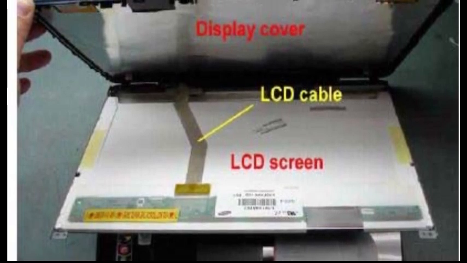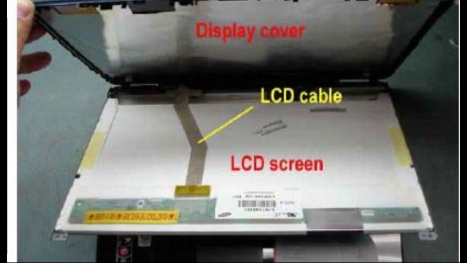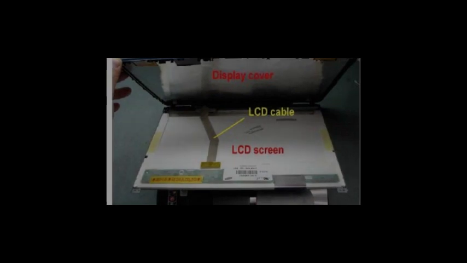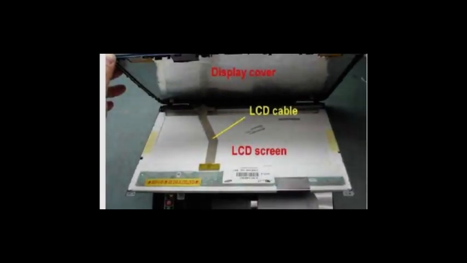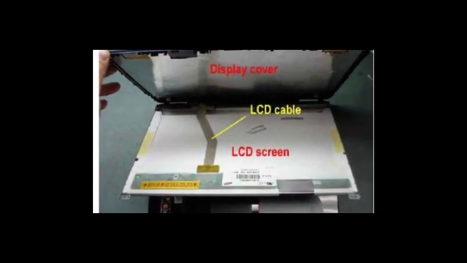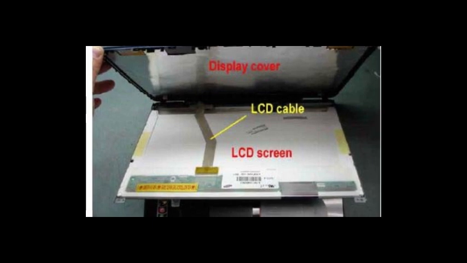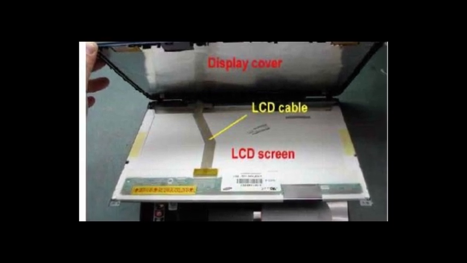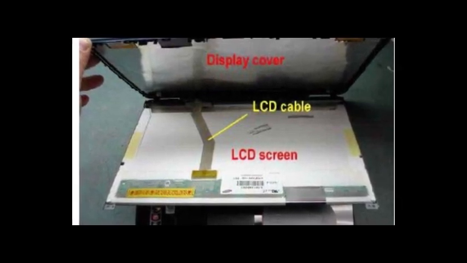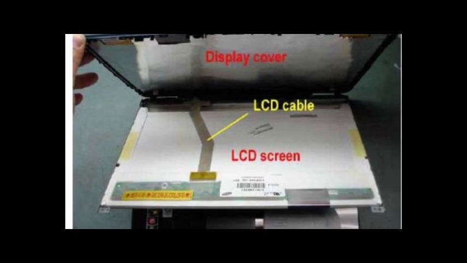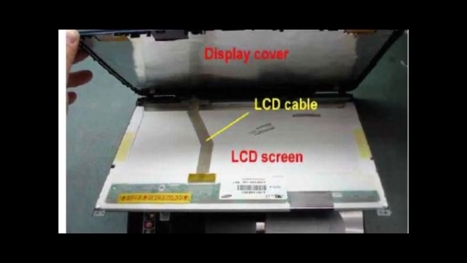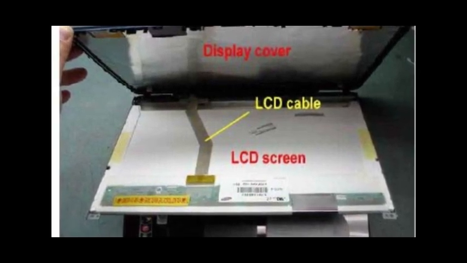Now let's talk about the LCD screen video cable. Behind the LCD screen where you see your laptop display, there is a cable. A laptop LCD cable is also known as a video cable, display cable or screen cable. Those are the different names you can call this cable.